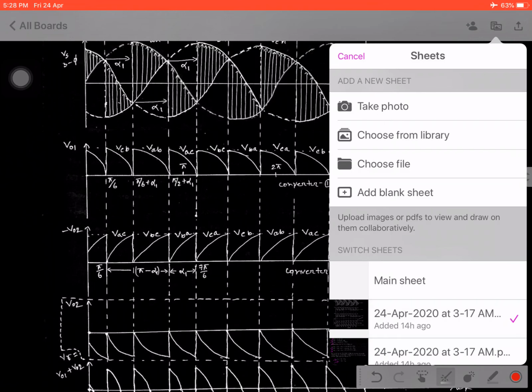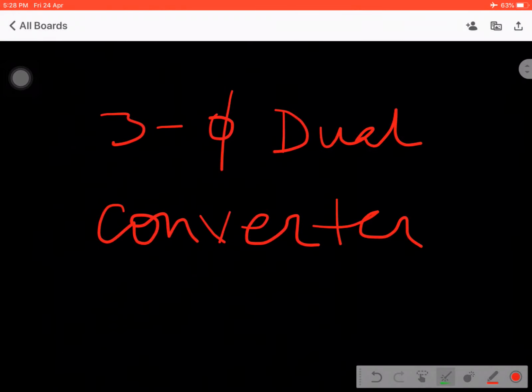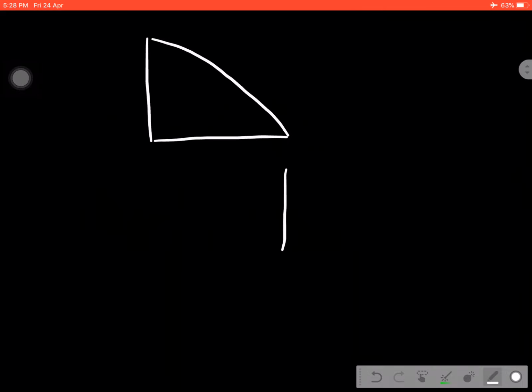Now you can draw the shape on another platform. Suppose we consider a particular region. In that region, suppose the shape of VAB is this one, and the shape of VBC is this one.